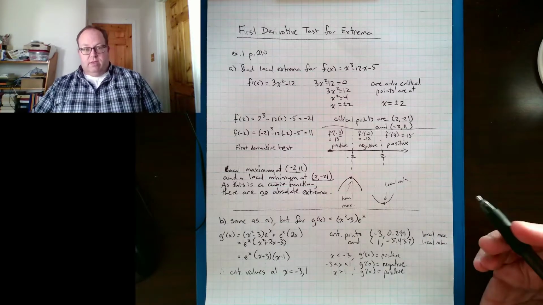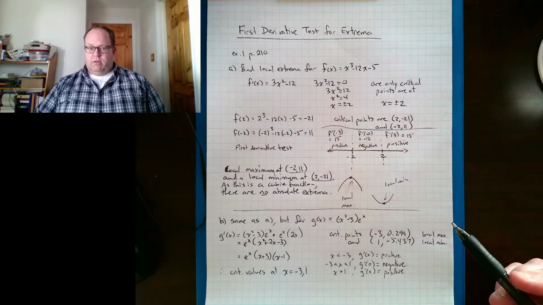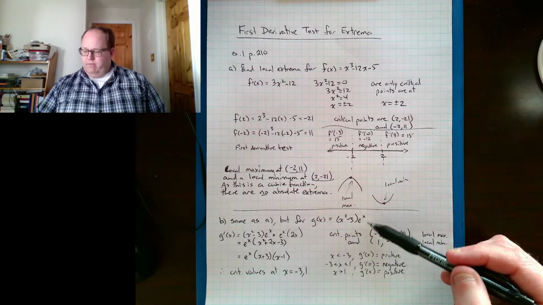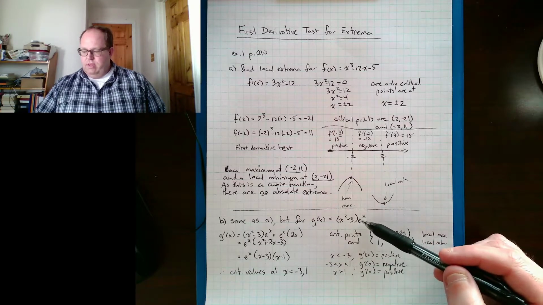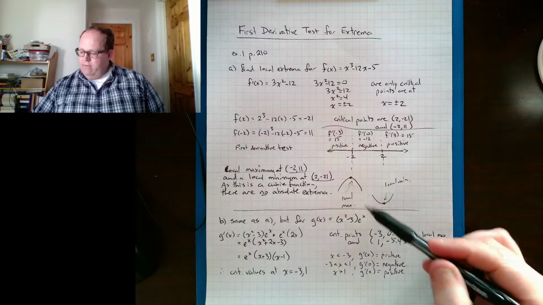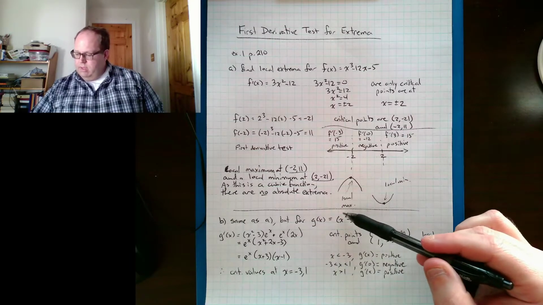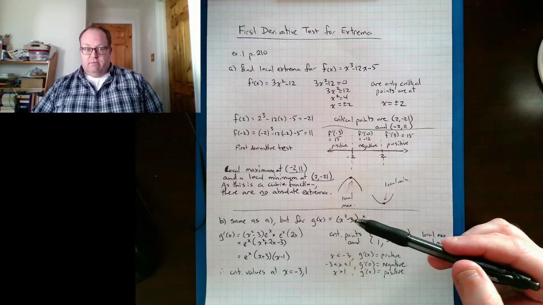Now, are there extreme values? We can think a little bit about the end behaviors of this function to work this out. As x goes more and more positive, this is just going to take right off, and so will this. So there really is no upper limit on this function. It's just going to keep getting higher and higher and higher. So there's certainly no absolute maximum value. If I think about the other way, though, as x becomes more and more negative, this is acting like a quadratic, so it would just be a larger positive number.